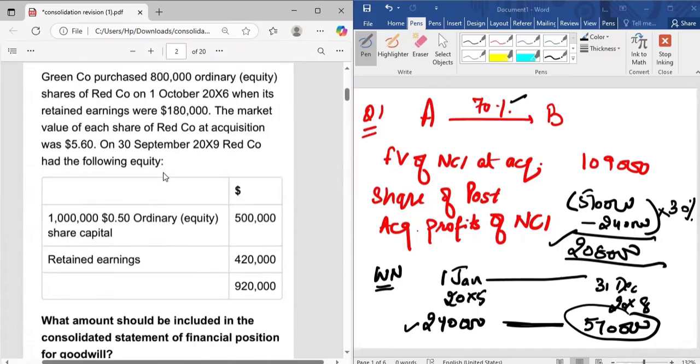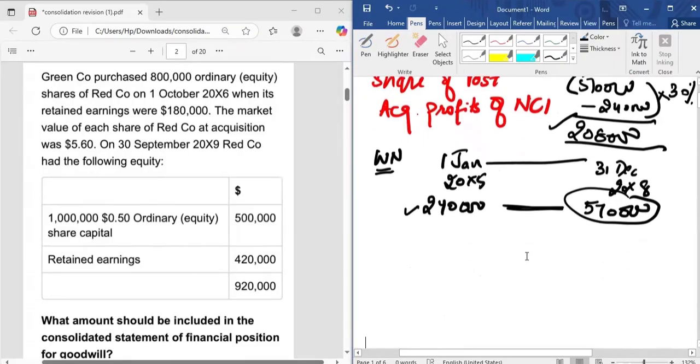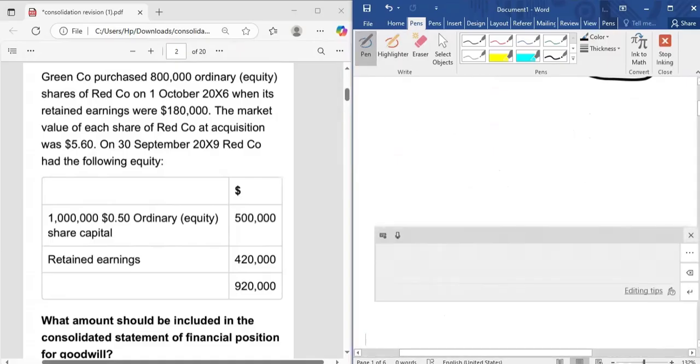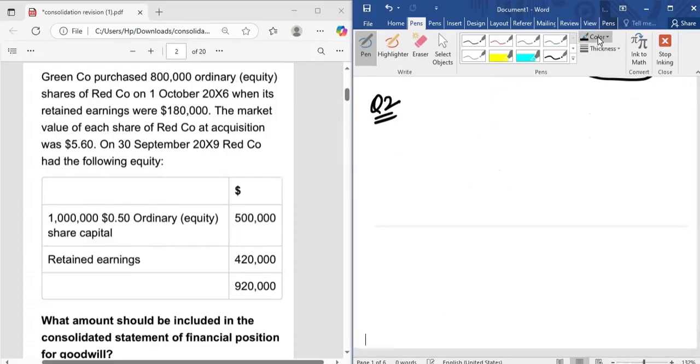Okay. Green Company purchased 8 lakh ordinary shares of Red Company on 1 October 20x6. Question number 2. So here in this question, Green has acquired Red. So Green is the parent company and Red is the subsidiary company.